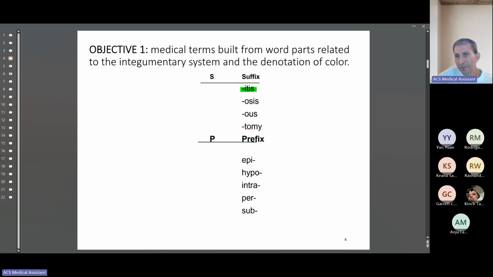Okay, iris. We did iris yesterday. So arthritis, remember, inflammation. Itis means inflammation. Osis. Osis means an abnormal condition. It is not just condition, it's an abnormal condition. Then when we add it to the word roots, we're going to see an abnormal condition of what? An inflammation of what?